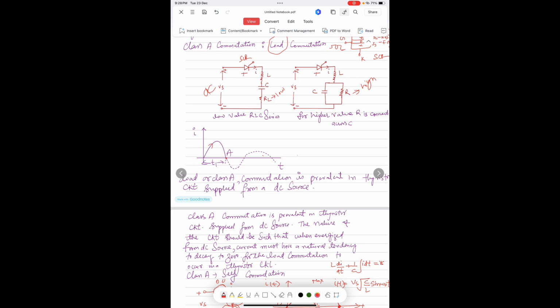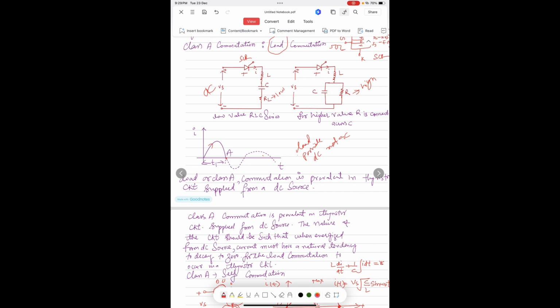Load or class A commutation is prevalent in thyristor circuits supplied from a DC source. The nature of this circuit should be such that when energized from a DC source, the current must have a natural tendency to decay to zero for the load commutation to occur in the thyristor circuit. Also, we should remember that load commutation is possible only in DC, not in AC.